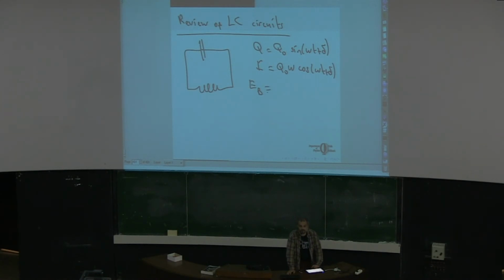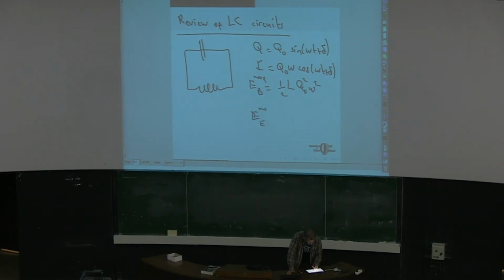And we also calculated the energy stored in the magnetic field. Do you remember the expression? Let's say the maximum value will be 1 over 2 L i squared, which is Q0 squared omega squared.